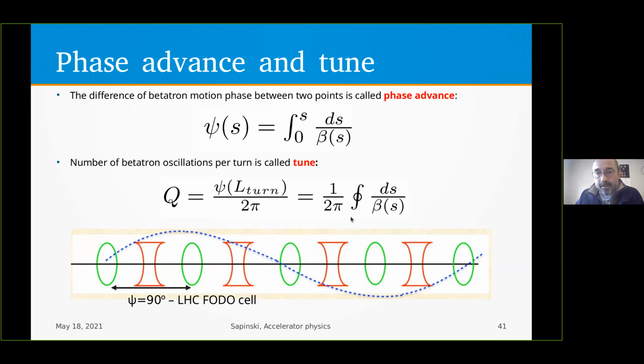So you see it's a very similar equation. It's just that the integration is over the circumference of the machine. Here you see the phase advance of the LHC FODO cell, and it's actually around 90 degrees. So why is the tune important?